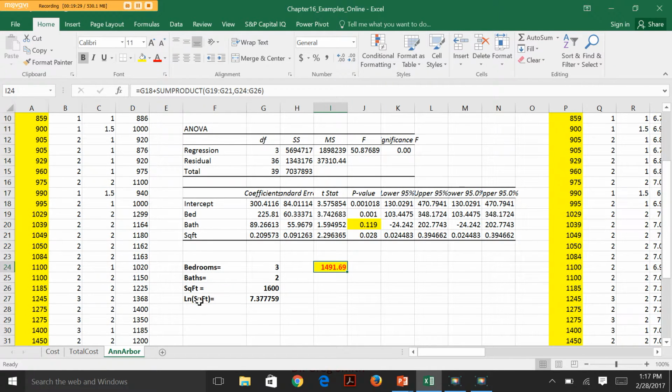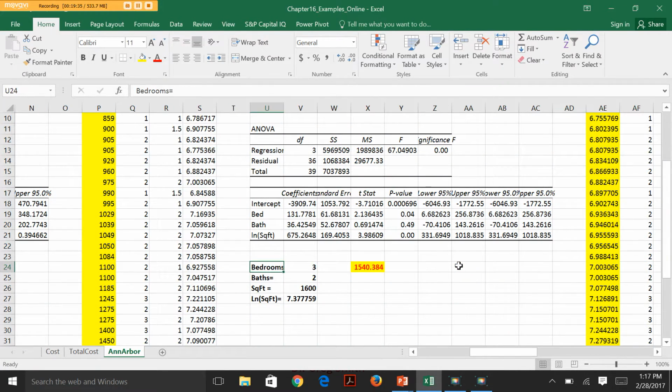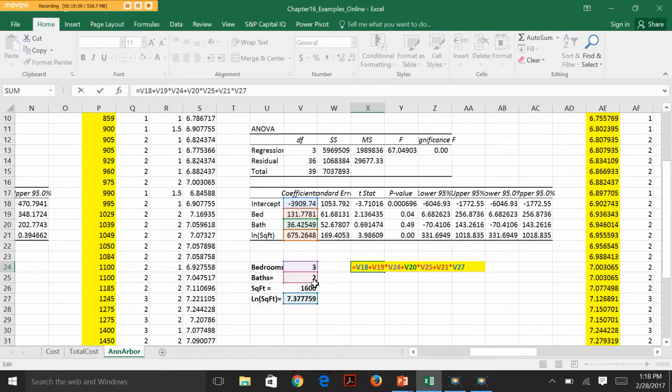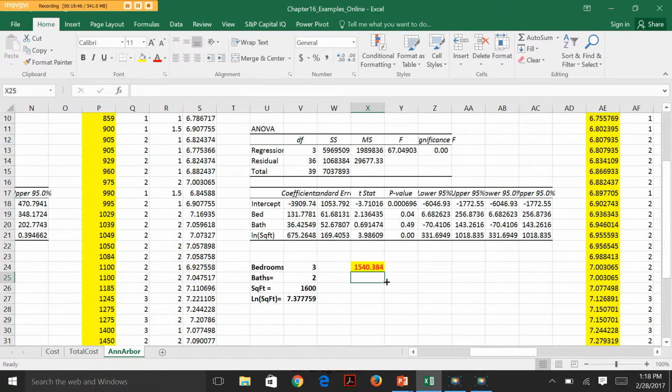I'm actually not using that. I'm just simply building the regression based on that, and I get a value of 1491. I copy this across. The next one, where we're log transforming square feet, you can see what I'm doing. Notice nothing happened with the y. That's why we're not seeing anything raised to a power. I get a value of 1540.